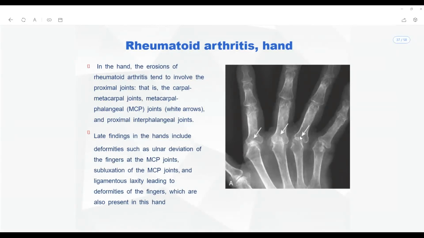The metacarpo-interphalangeal joints are present down here, so I'm looking at the knuckles. So these are involved. Such a deviation, ulnar deviation along the metacarpo-interphalangeal joints, is a characteristic feature of rheumatoid arthritis, and subluxation of the metacarpophalangeal joints.